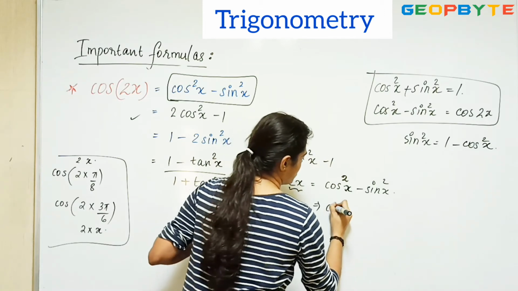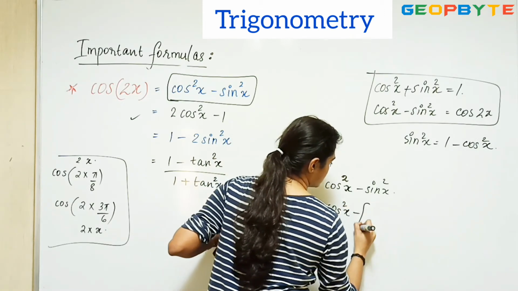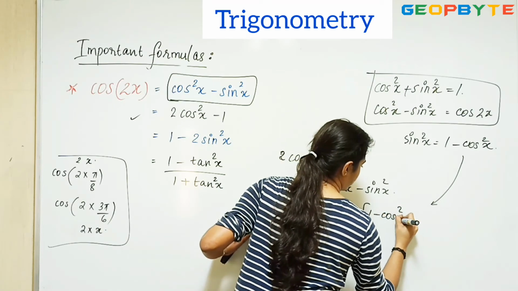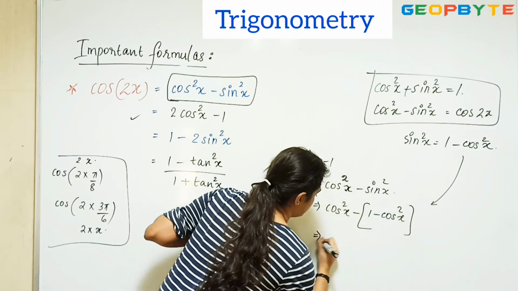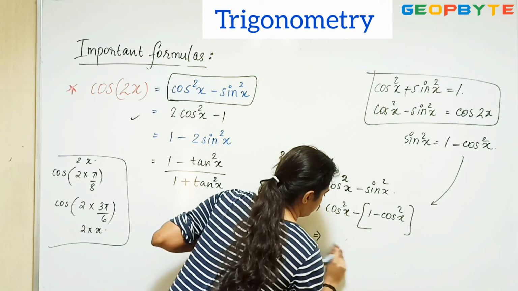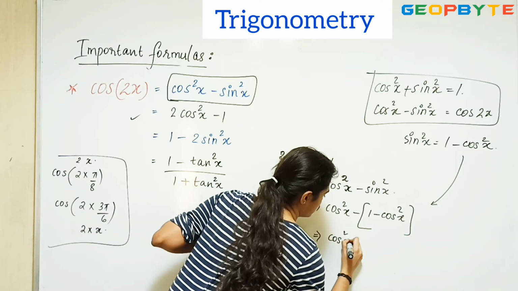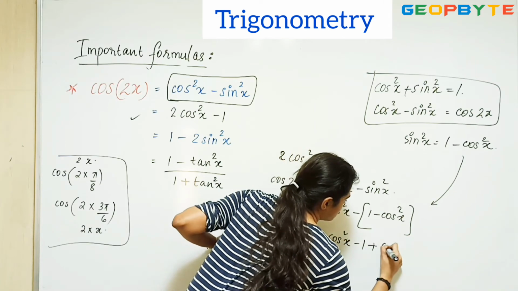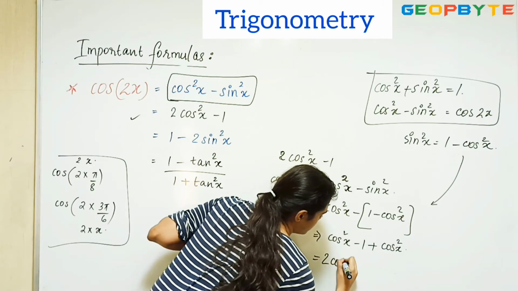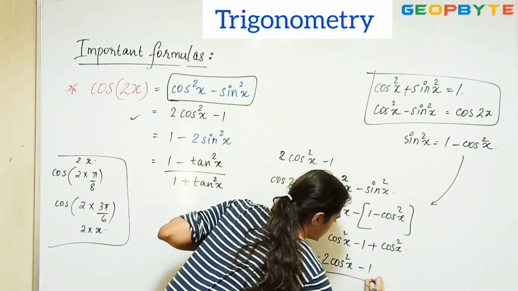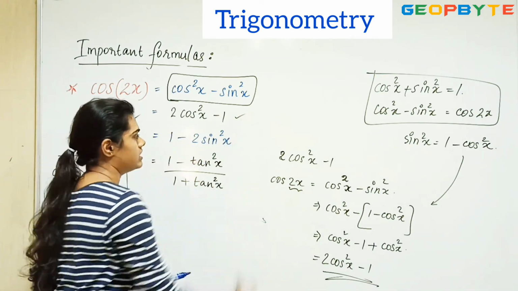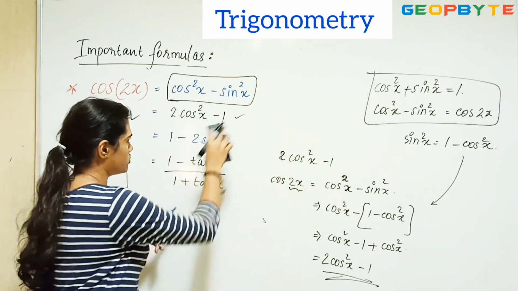So cos square x minus sin square x can be represented as cos square x minus 1 minus cos square x. So that will be cos square x minus 1 plus cos square x. So that will be 2 cos square x minus 1. So we found out this formula.